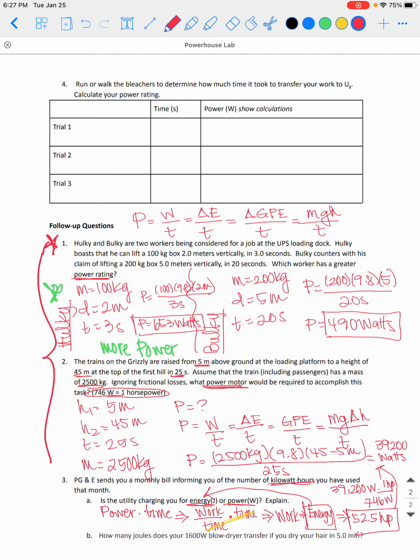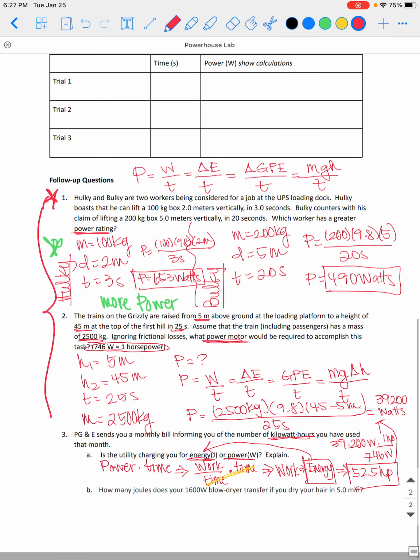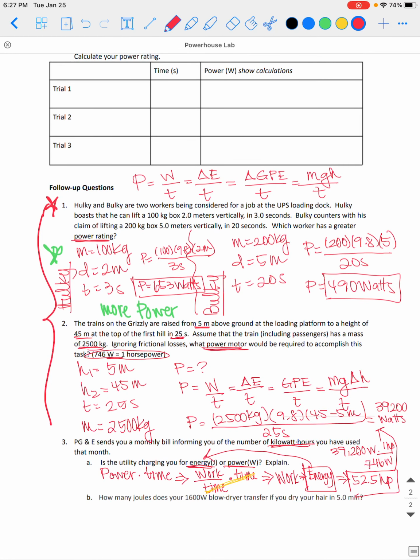The last one is, how many joules does your 1600 watt blow dryer transfer if you dry your hair for 5 minutes? So here are the clues. We've got watts, that represents power. We've got time, that's represented in minutes, so we want to take that into consideration.